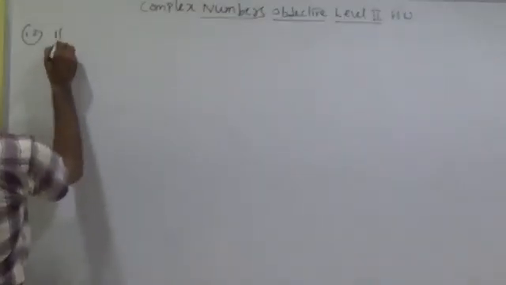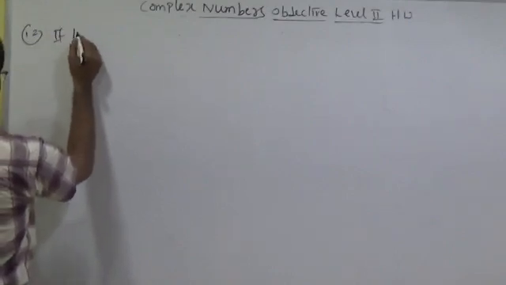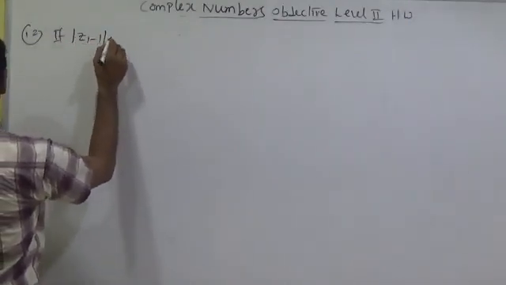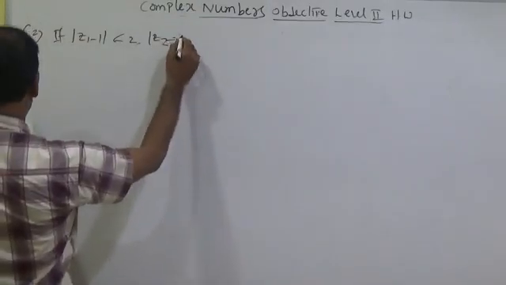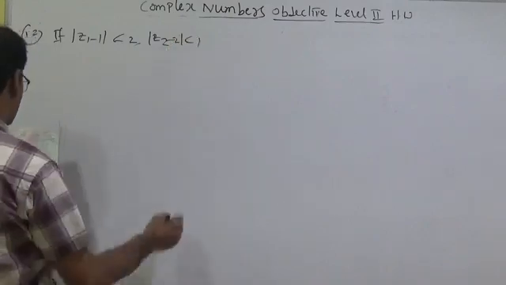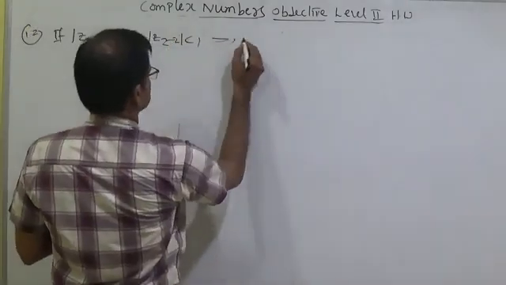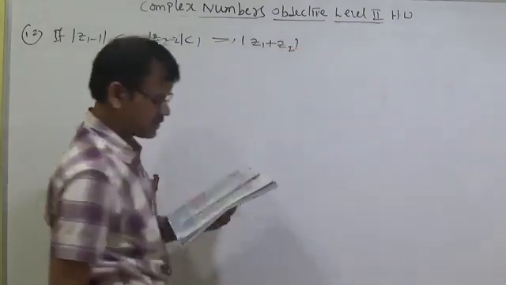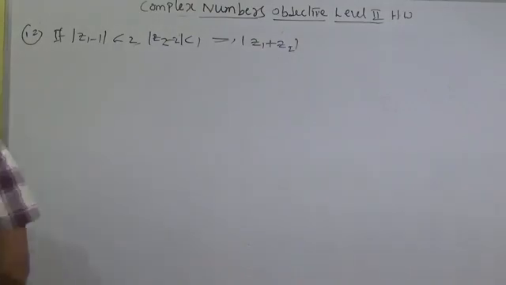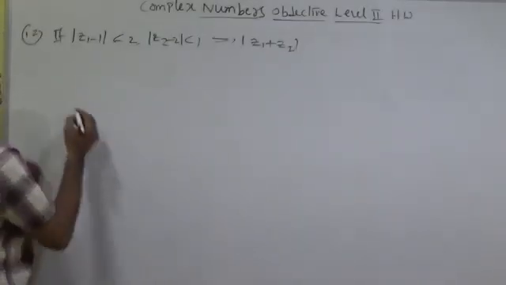12th question. If modulus of Z1 minus 1 less than 2, modulus of Z2 minus 2 less than 1, that implies you should calculate modulus of Z1 plus Z2.